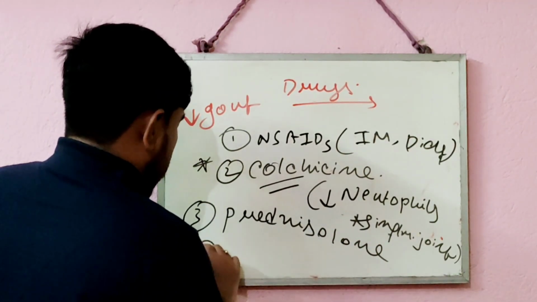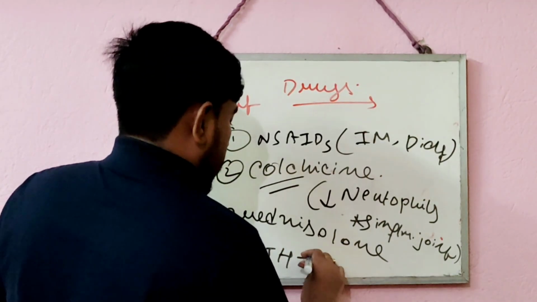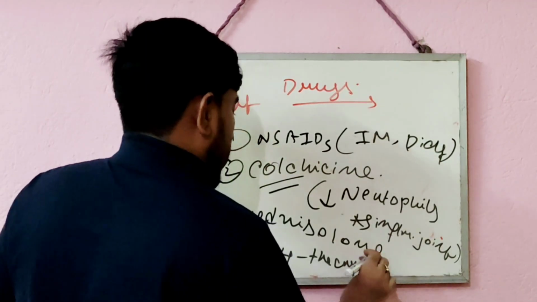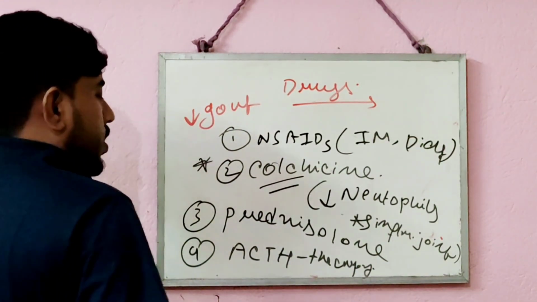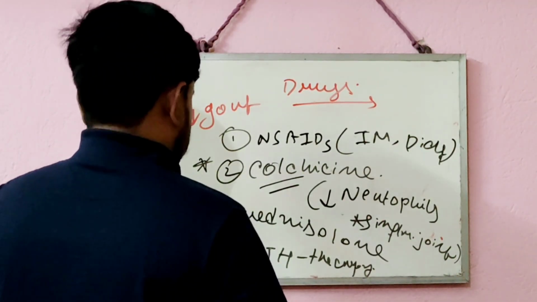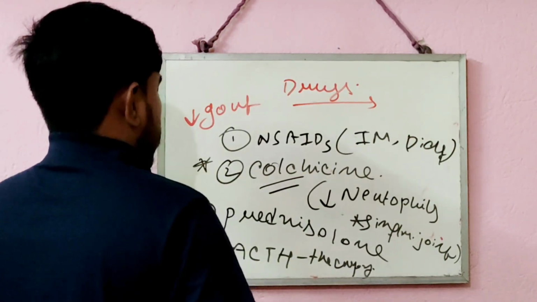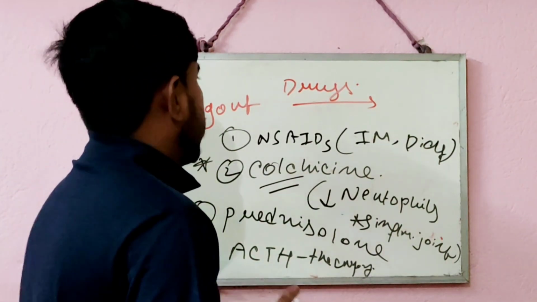And the fourth one is adrenocorticotropic hormone therapy. By taking supplements or injection of ACTH, we also can treat GOUT or extreme, severe arthritis, meaning joint pain and inflammation in the joint in old age or geriatric patients.